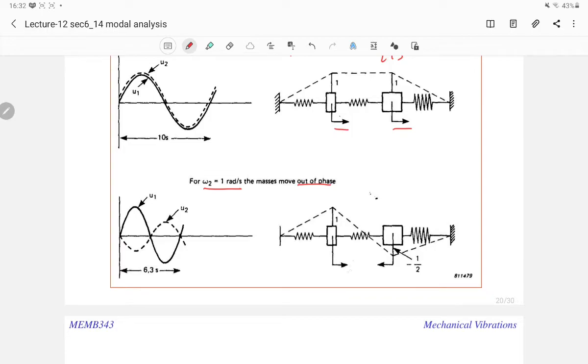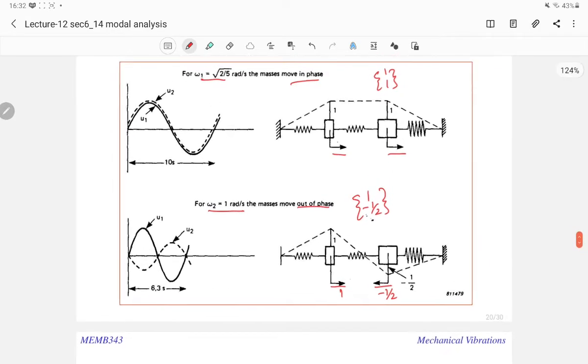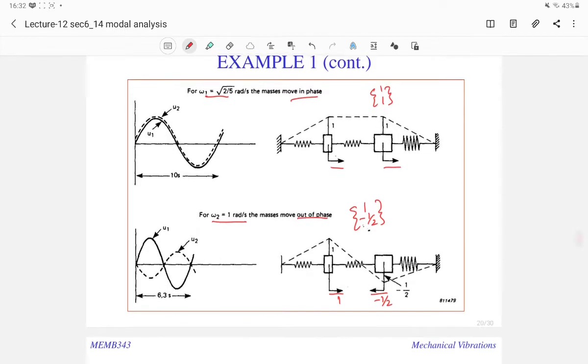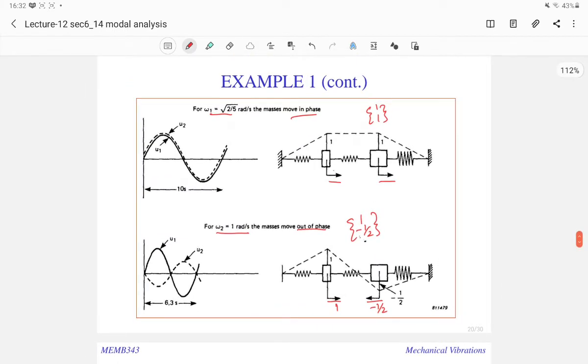You can see this one goes here, this one goes there. That means it's 1, negative 1 over 2. So when this moves 1, this one goes to the opposite side and moves 1 over 2. That's how you would draw the movement, or the mode shapes of both. You can also draw it as a figure as such.